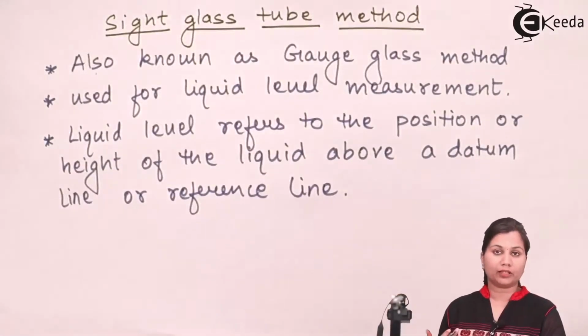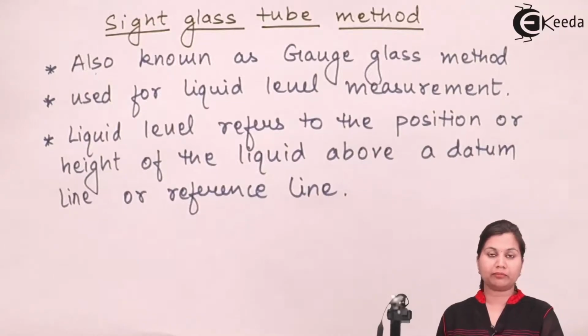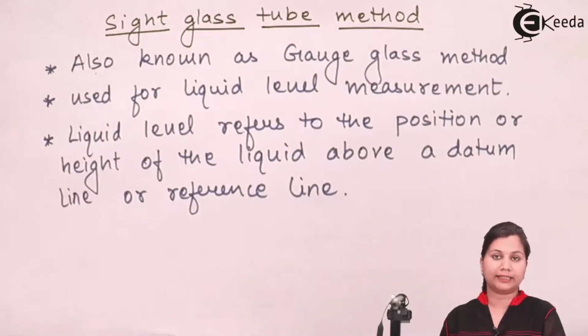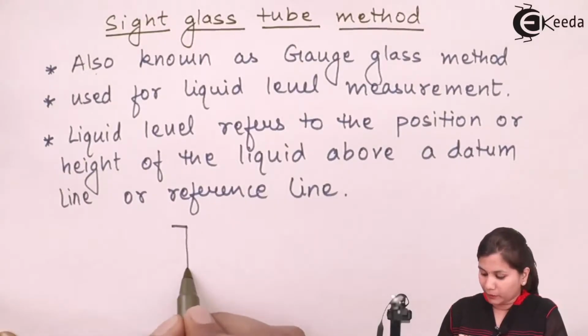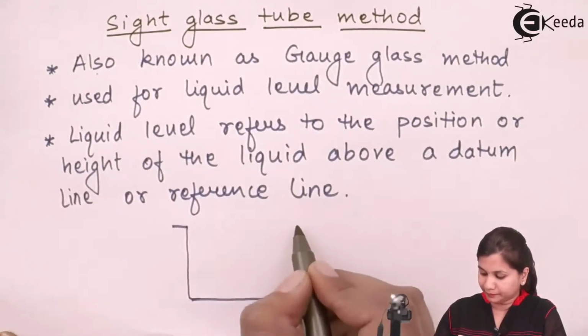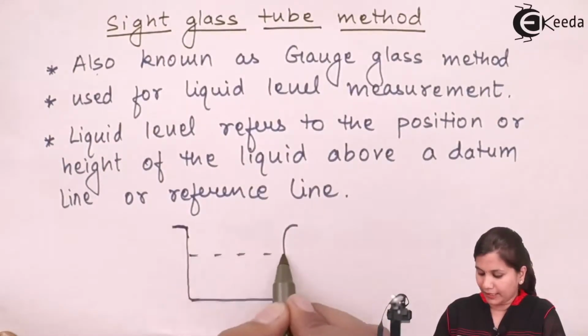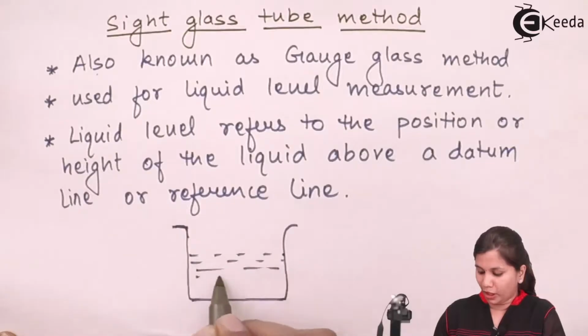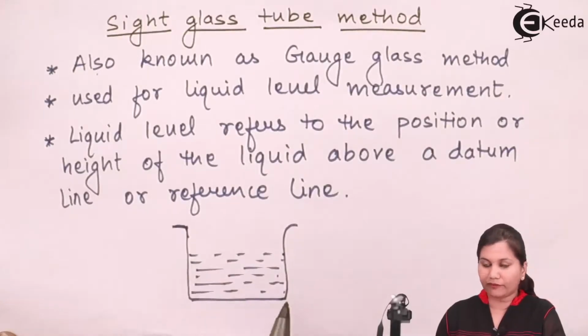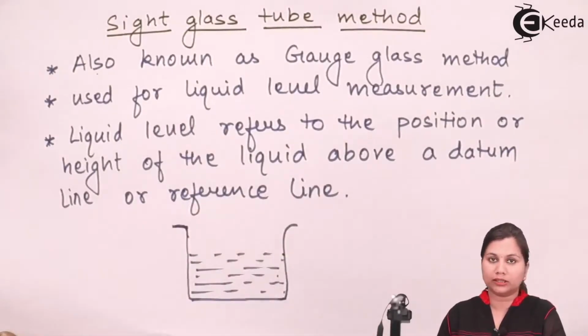Whenever we are doing liquid level measurement, if the liquid is contained in a container or a vessel, suppose that this is the container. In this we have the liquid. Now we want to find out the level of this liquid in the vessel.